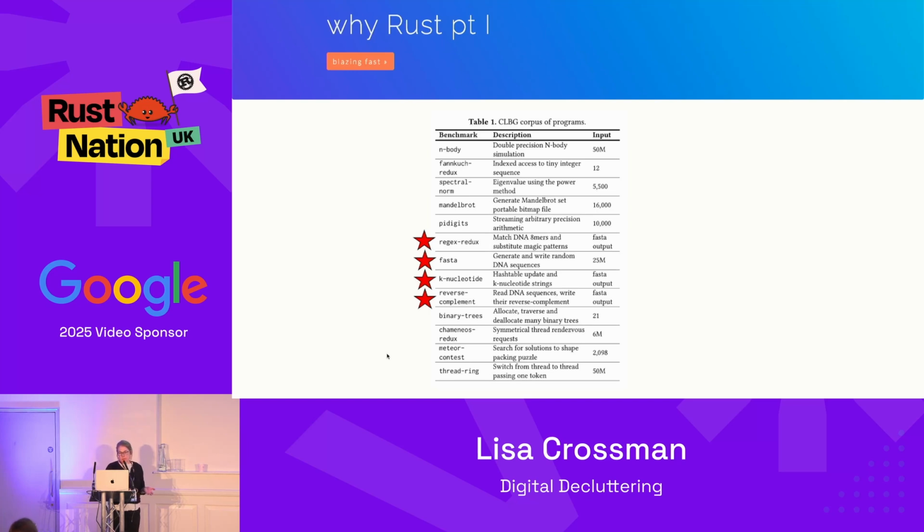So I was looking around at different computer languages, and I came across the computer language benchmarks game, and I noticed that 4 of those tests related to bioinformatics directly. So there's matching DNA k-mers, substituting magic patterns, generating and writing random DNA sequences, hash table update and k-nucleotide strings, and reading your DNA sequences and writing their reverse complement.